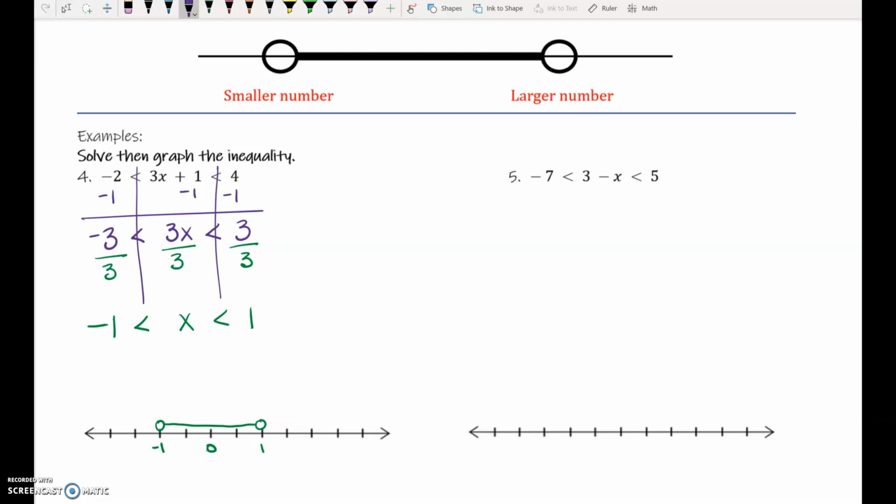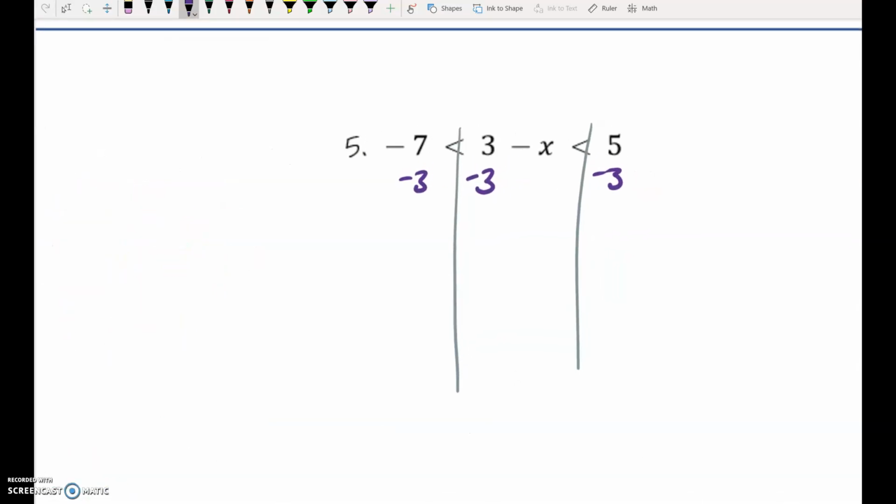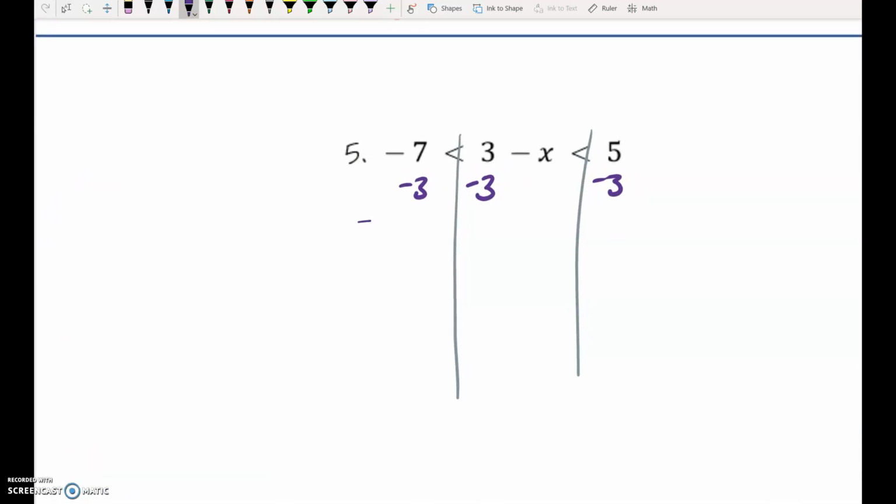Okay, number 5. What should we do first? This is 3 minus x or -x plus 3. This is a +3. We need to subtract 3. That gives us -10 is less than -x is less than 2.